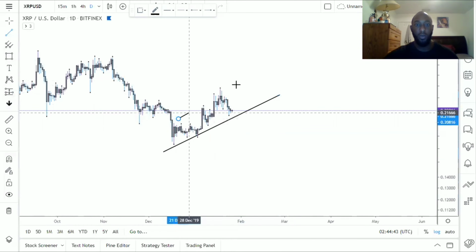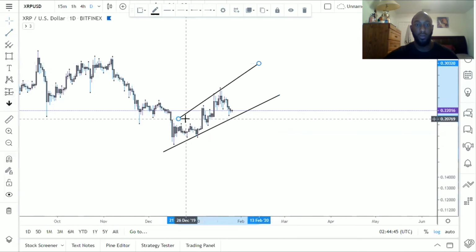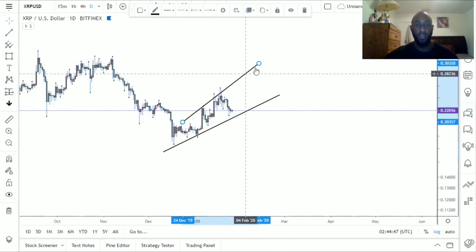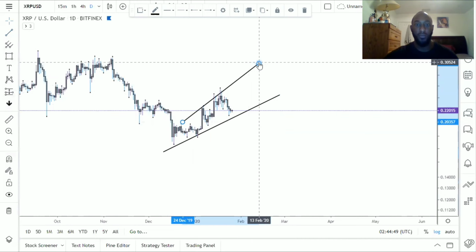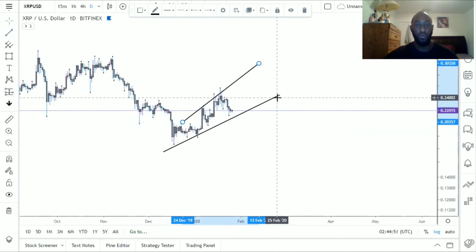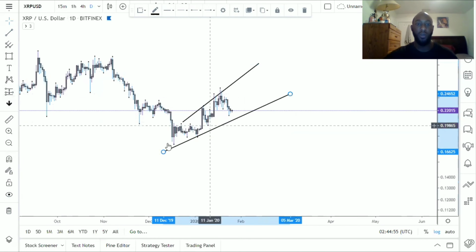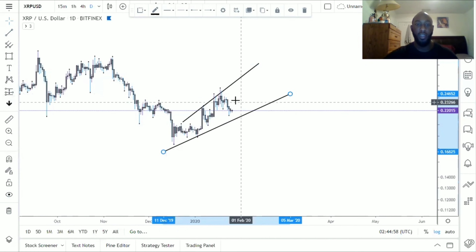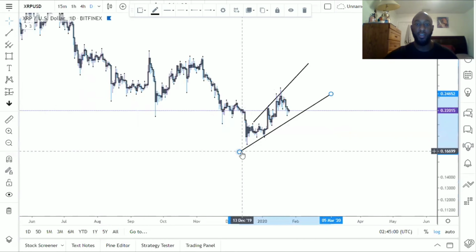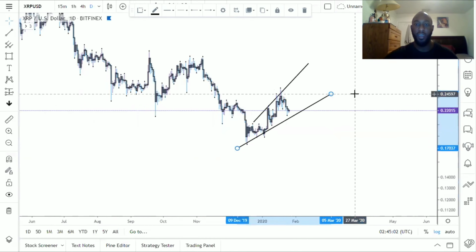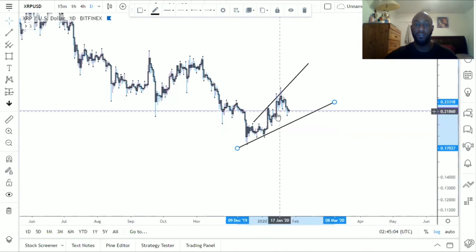Interesting. We could do this too. You always want to line it up with the fractal levels. So right here would be interesting, but I don't like that too much, but you can do that. I see some people do this.